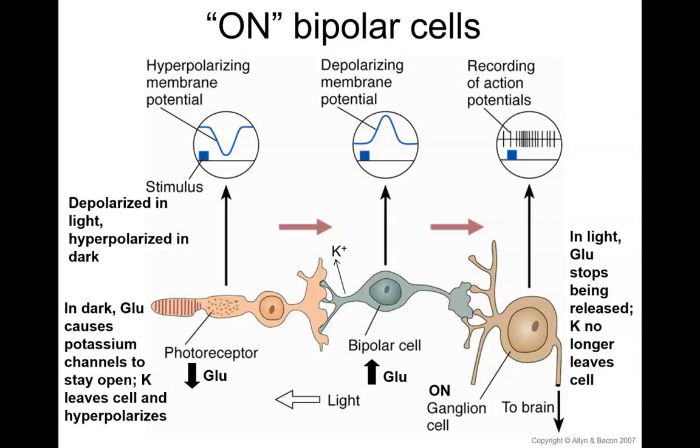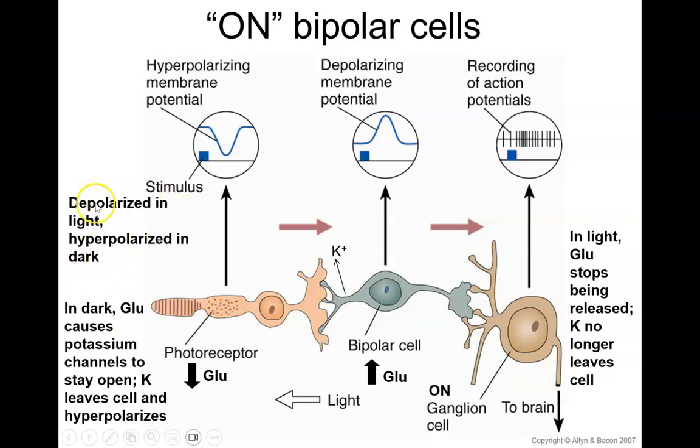And so because potassium can no longer leave, that is going to depolarize our on bipolar cell. The on cell will then release glutamate to an on ganglion cell, and action potentials will be sent to the brain signaling that light has increased.